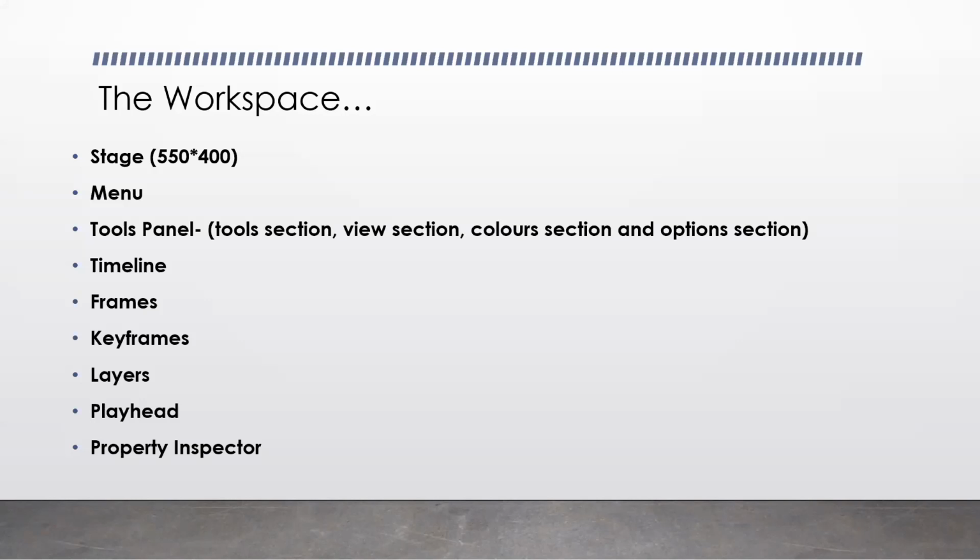And then last is the options section. So whatever tool you have selected in the tool section, all the other options which are linked with that particular tool will appear in this particular section. So in your whole tools panel, which is in vertical shape, there will be 3 lines making 4 sections, and these are the 4 sections. Next is timeline.